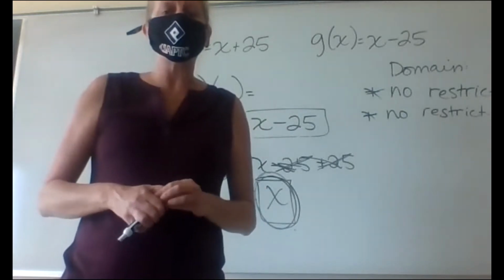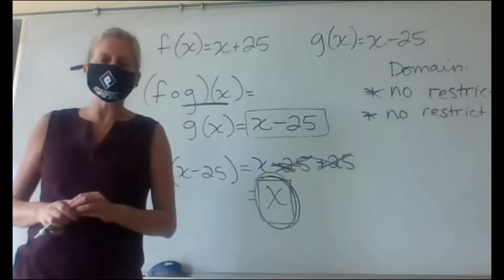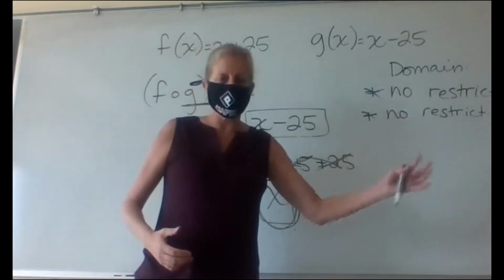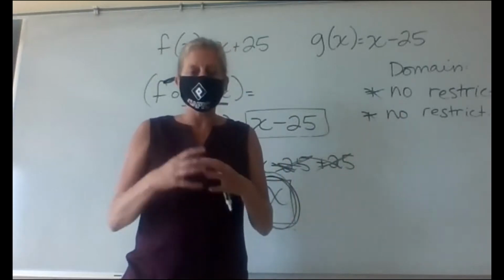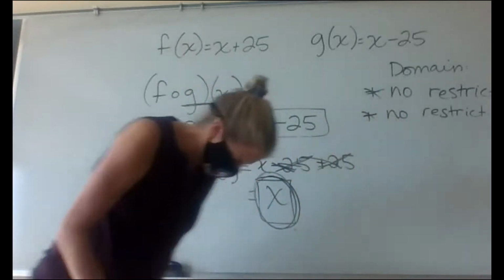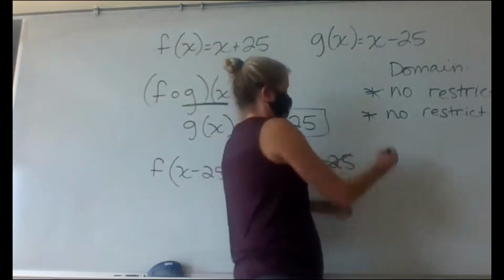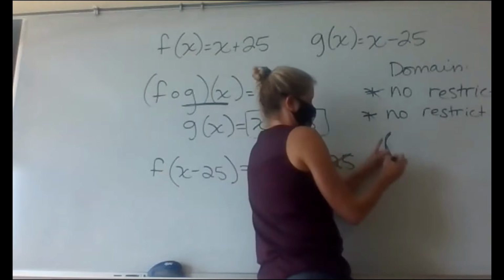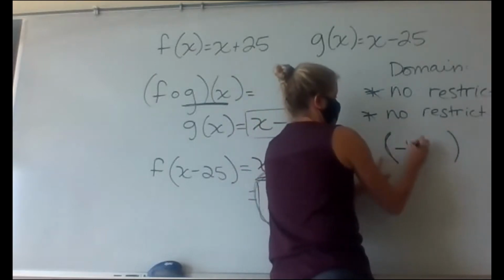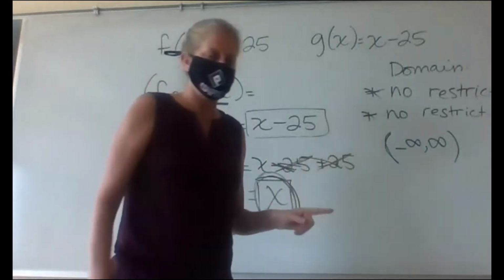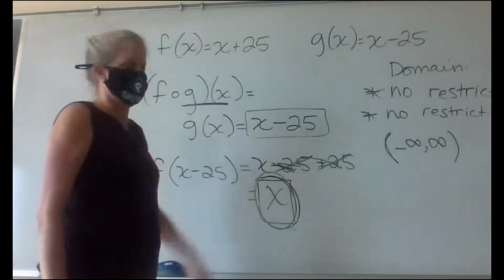This section wants you to write this in what's called interval notation, which uses infinities, negative infinity to positive infinity, but leave out any restrictions. Well, since there's not any, your domain is simply negative infinity to positive infinity. So that's the domain of f of g of x.